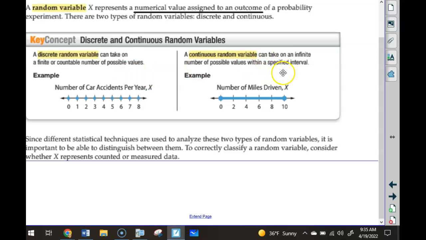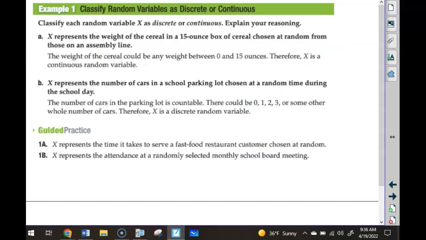A continuous random variable can take on an infinite number of possible values. Number of miles driven, you could go down to the nearest tenth of a mile, right? The time something takes, the weight something goes by, those are all things that you could break down the measurement into smaller and smaller increments, so those are continuous.